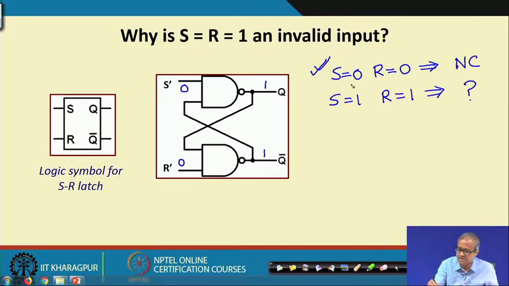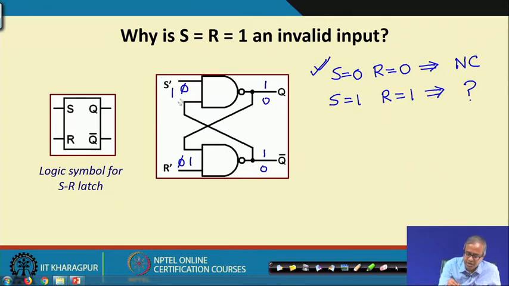So, what is the meaning of S equal to 0 R equal to 0, which means I have applied a 1 here and I have applied a 1 here. So, my circuit state was this 1 1. Now, if I apply 1 1, you see this 1 and 1 will become 0, this 1 and 1 will also become 0. Now, if both these two gates are exactly of the same speed, then this 1 will be changing to 0 at the same time.